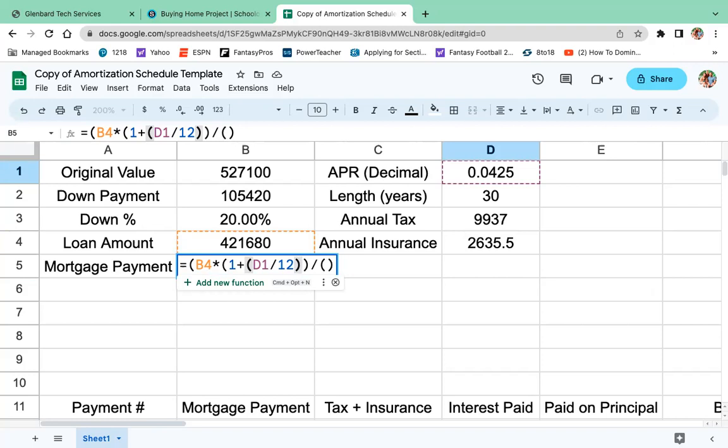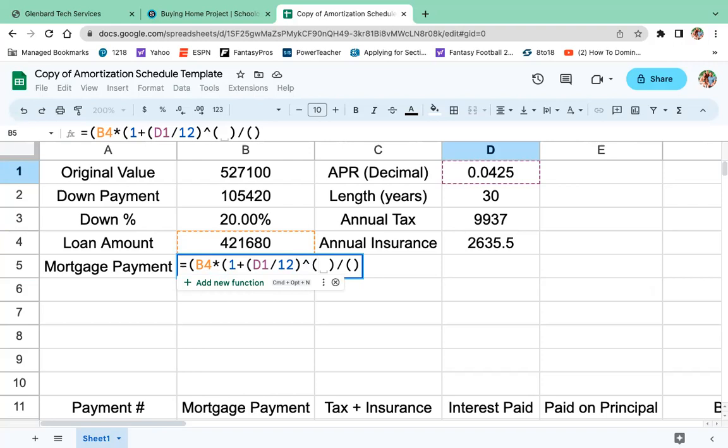Now this guy here is supposed to be to the nth power. So I'm going to put to the nth power. What is N going to be? Not necessarily 360. It's 30 times 12, but it's 30 because this loan's for 30 years.